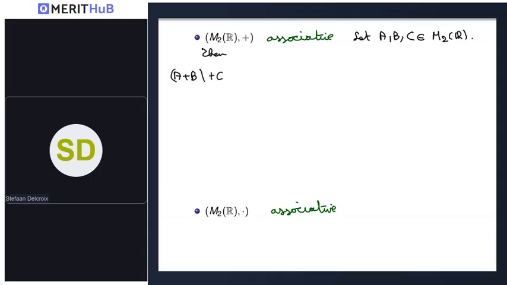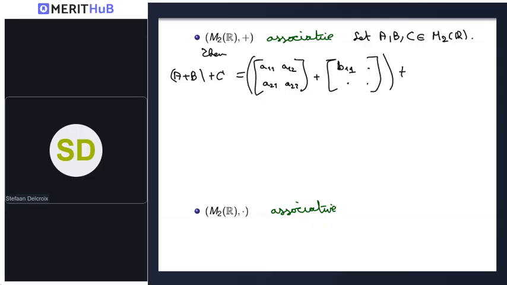So (A plus B) plus C. Let me just write it A11, A12, A21, A22 plus something similar for B, B11, plus, and then something for the C. Can you give me the correct first entry here in (A plus B) plus C? Again, using all the correct parentheses.